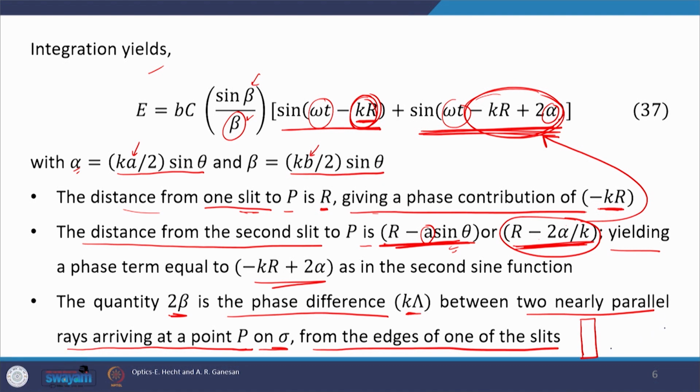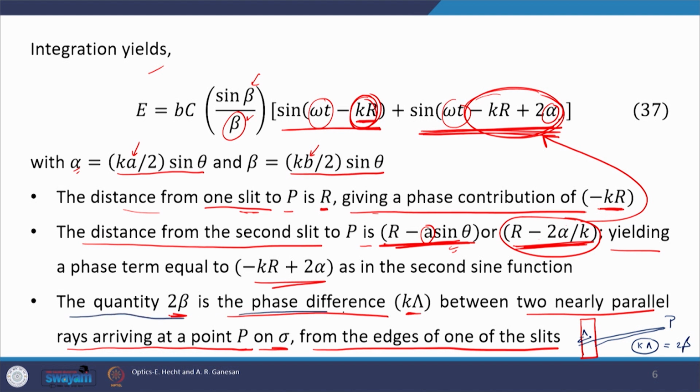This is our point of observation P, then one ray is coming from this edge to the point P, and the other ray is coming from this edge to the point P. Now, there is a path difference between these two rays. Say this path difference is capital lambda, and then you can calculate the phase difference between these two rays, and the phase difference would be k into capital lambda, and this is equal to twice beta. And this is what is being said in this line.